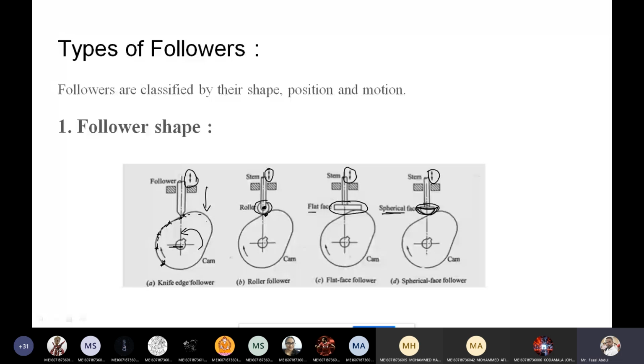But in the knife edge follower, the trace point as well as the contact point are similar. Because of that reason, the CAM profile and pitch curve are both the same. This is known as the CAM profile and also known as the pitch curve, because the contact point and trace point are at the same point.